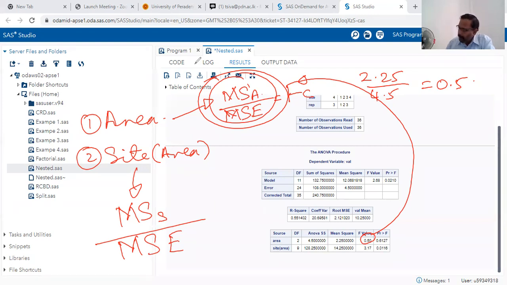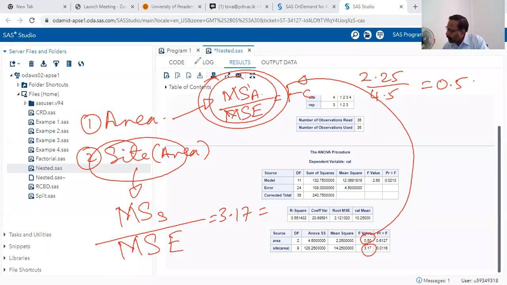Look at the second one. We are testing the site within the area. So mean square of site divided by mean square of error. That is equal to 3.17. So what is the mean square of site within the area? 14.25 divided by 4.5. So that is 3.17.